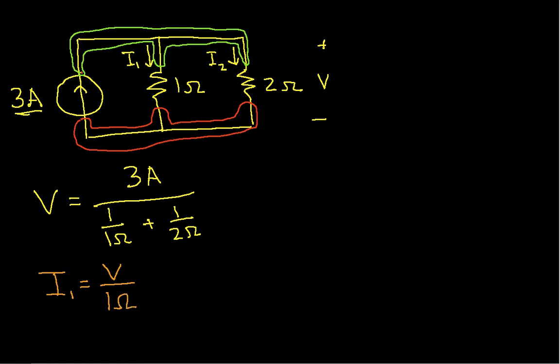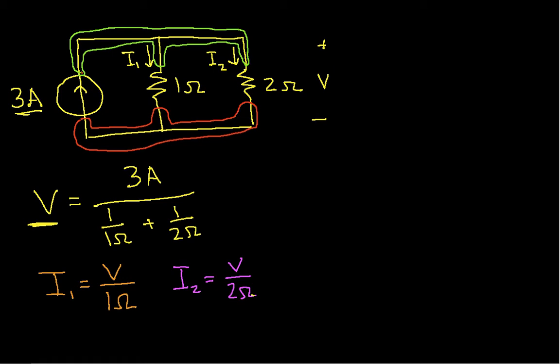I2 is V divided by 2 ohms. And we can use the fact that we've solved for V. We now have an expression for I1 or I2 to figure out what I1 or I2 is.